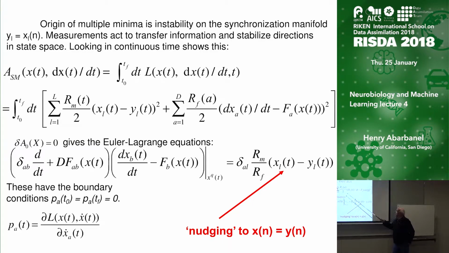What does it mean? This balances the uncertainty in your knowledge of the measurements against the uncertainty in your knowledge of the model in order to get an extremum, which you can then check actually is a minimum of the action.